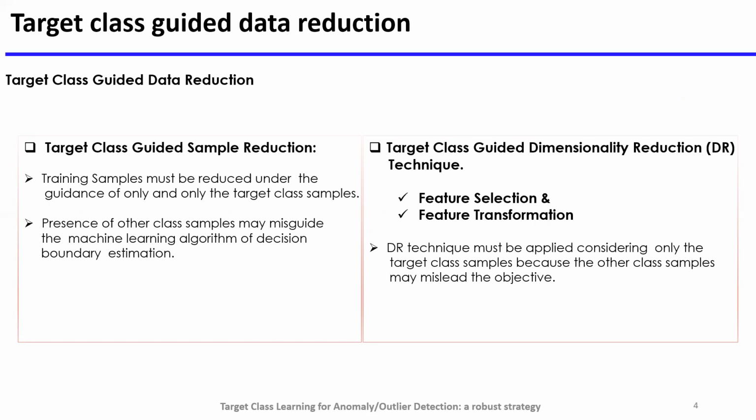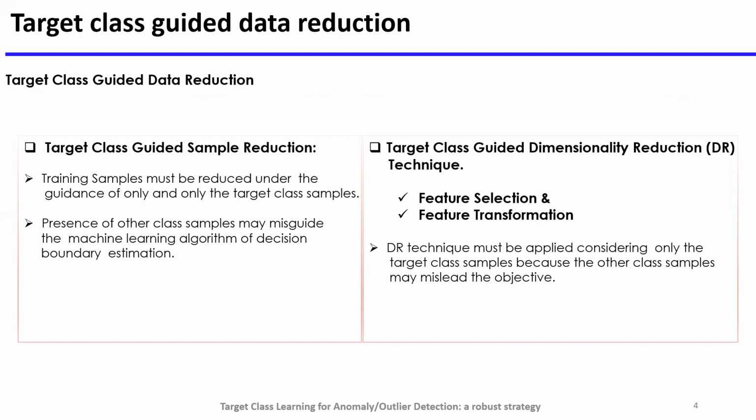Because if some other class samples are present in the training samples, then they may misguide the machine learning algorithms in estimating the decision boundary.